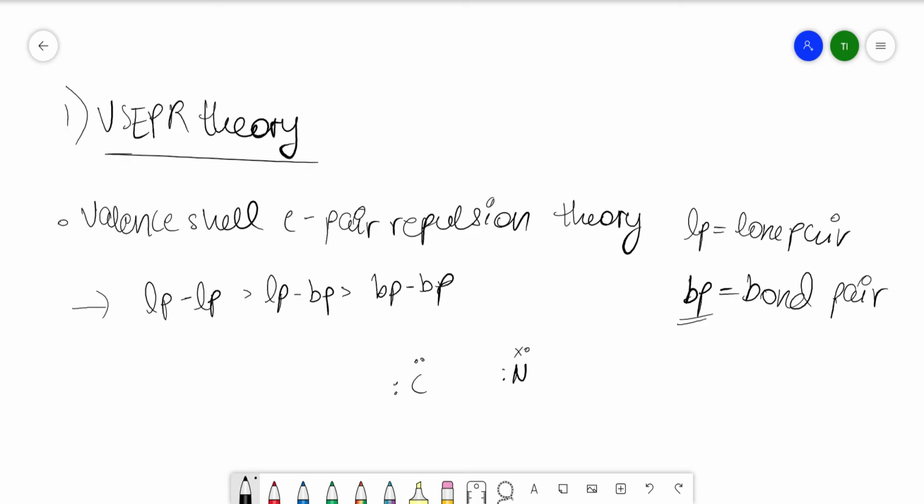This lone pair interaction will give a stronger force of repulsion than this lone pair bond pair interaction. And lastly, obviously the bond pair repulsion. These two will give a stronger force of repulsion than this. I hope that makes sense.